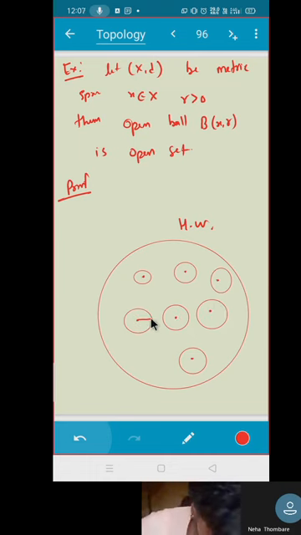What radius should I choose, such that the open ball which I am making will completely lie inside that? You just think about it. Is the question clear?